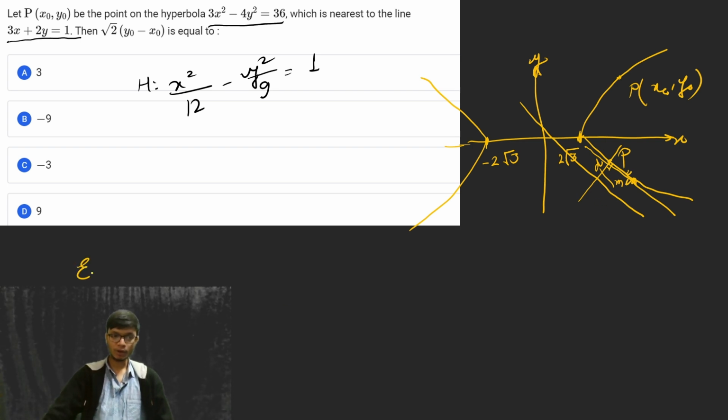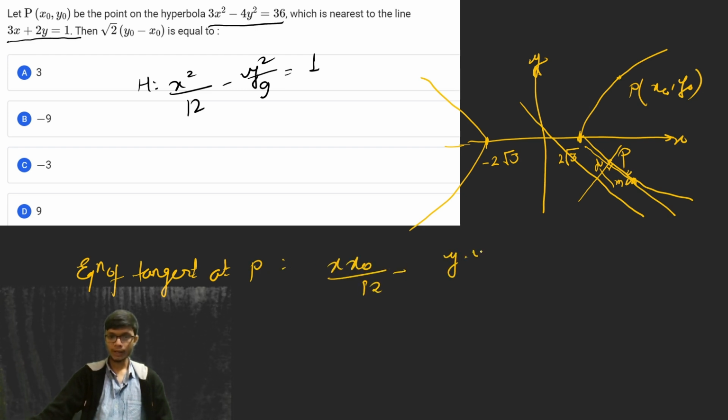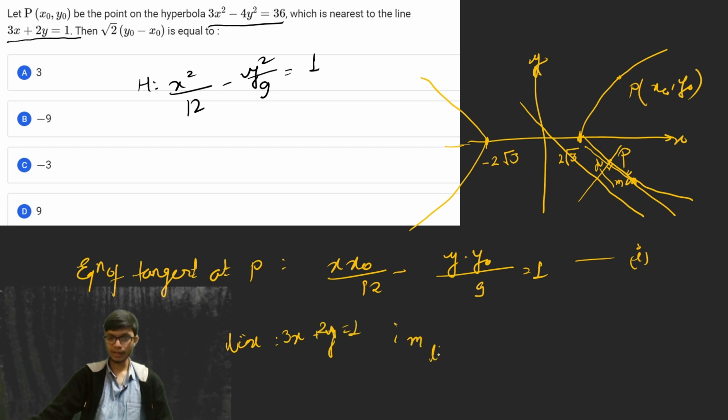If I draw a tangent at P, what will be the equation of the tangent at point P? This will be x naught by 12 minus y into y naught by 9 is equal to 1. Also the line is 3x plus 2y is equal to 1, so the slope of this line is minus 3 by 2.